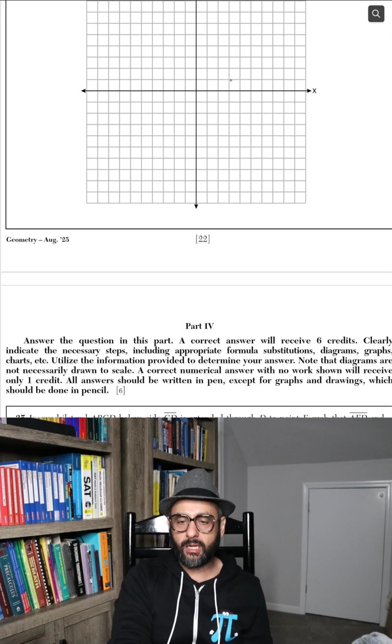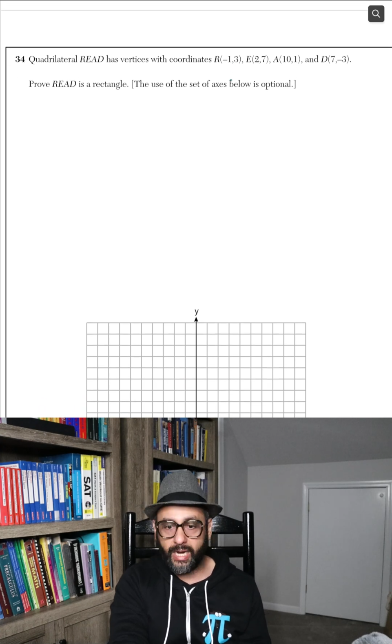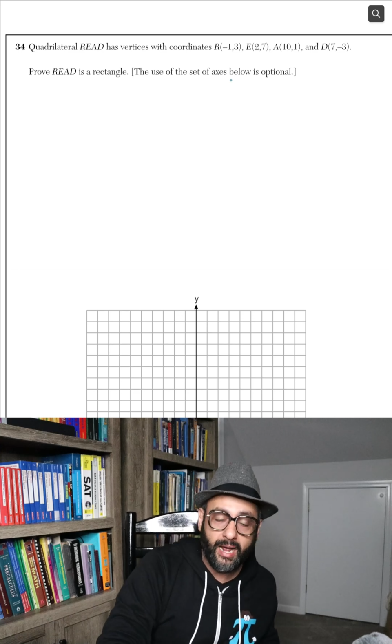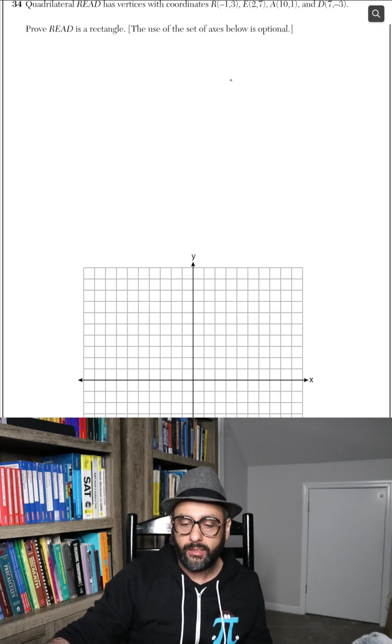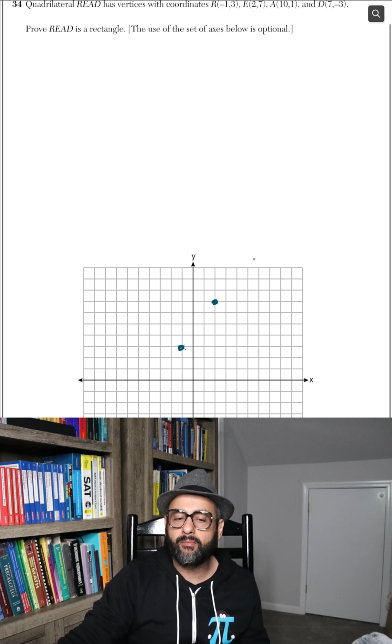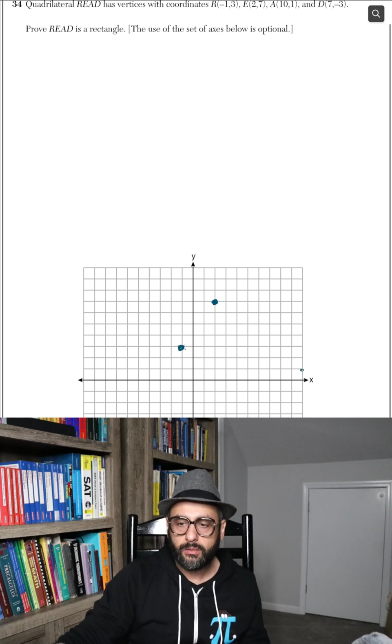There's not a second part to this, which is great. They said the axes are optional, but I use them. R is (-1, 3), E is (2, 7). Now notice that I'm just putting down the points. I 100% guarantee you though, I am counting. I just happen to be really good at graphing points. (10, 1).